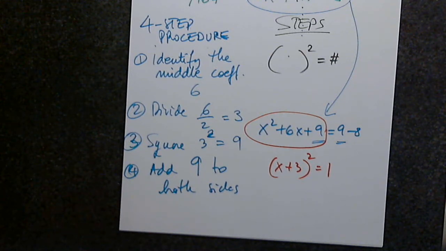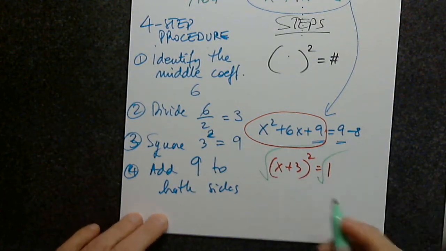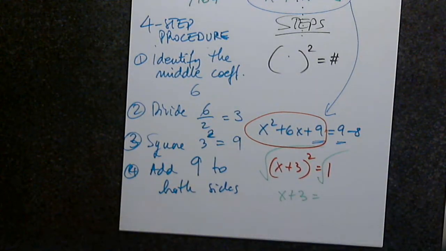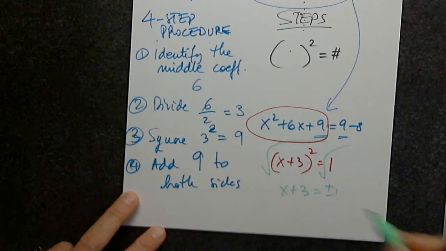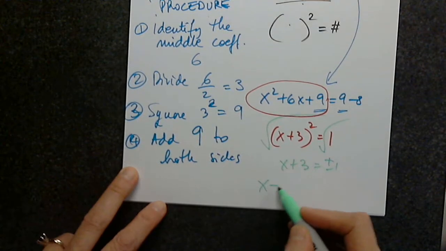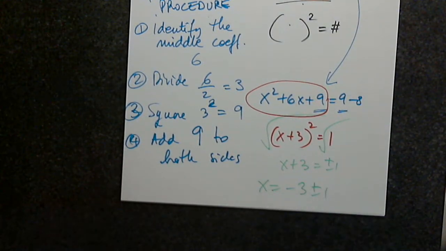After all this effort, I cannot even solve. I have to use method 2 now. So I take the square root, and I get x plus 3 equals, and I know what type of equation this is, so I will not forget a crucial piece. Exactly. So then x equals negative 3 plus or minus 1, and I have to separate them.